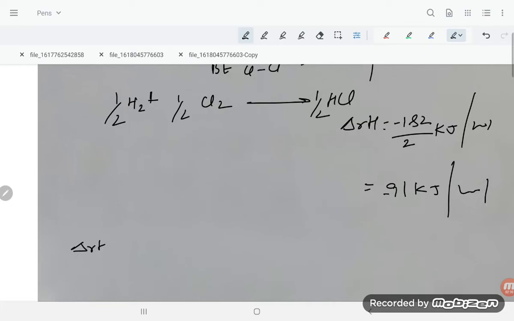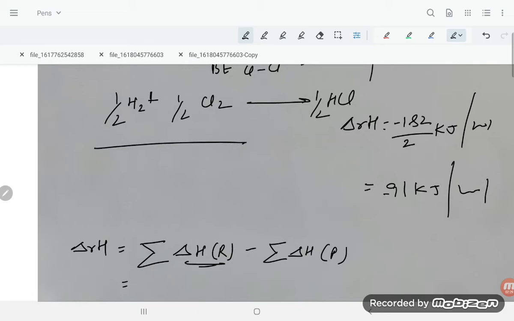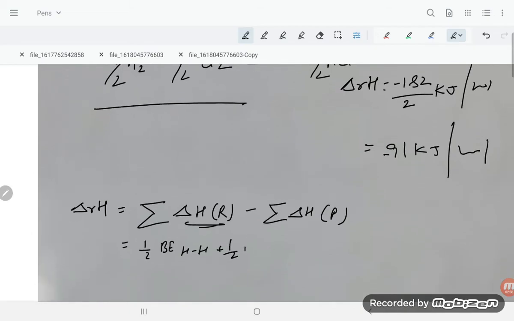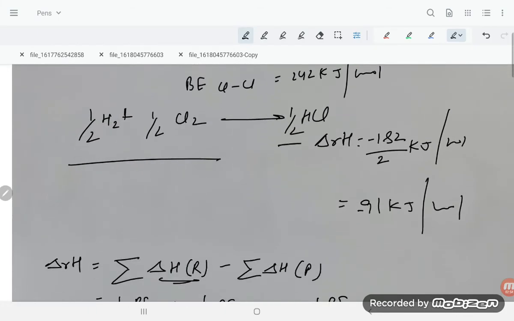Enthalpy of reaction means the summation of the enthalpy of bonds broken in the reactants minus the summation for the products. Here the reactants give 1 by 2 bond energy of H-H plus 1 by 2 bond energy of Cl-Cl, minus the bond energy of HCl, which we have to calculate now.